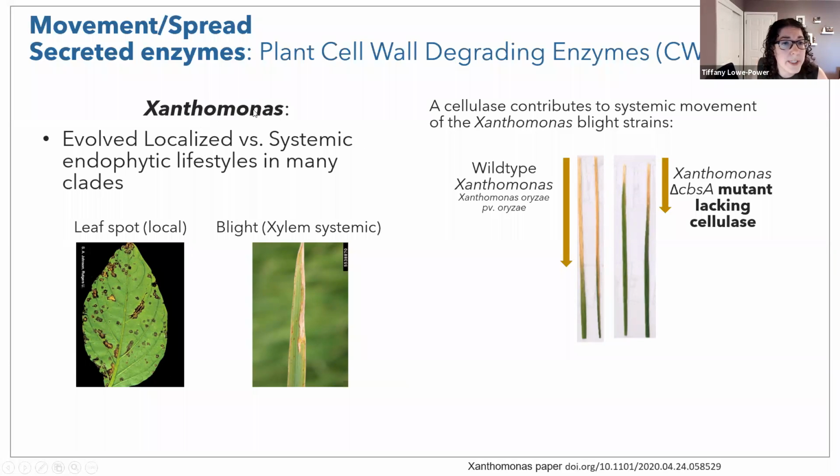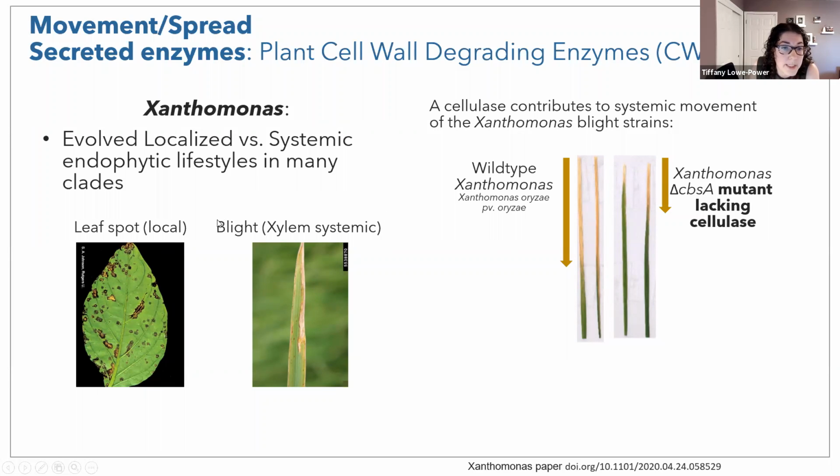So the Xanthomonas genus. Xanthomonas are generally leaf pathogens, but they can cause different diseases depending on specifically which plant pathogenic strategies and traits they're expressing. Some of the Xanthomonas strains cause leaf spot diseases where you get these localized lesions.